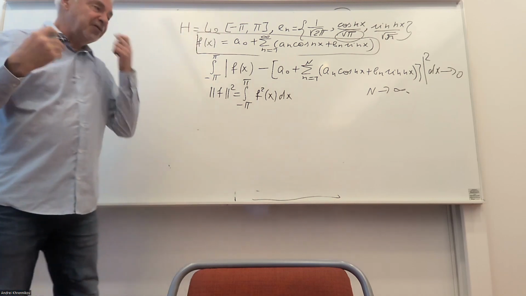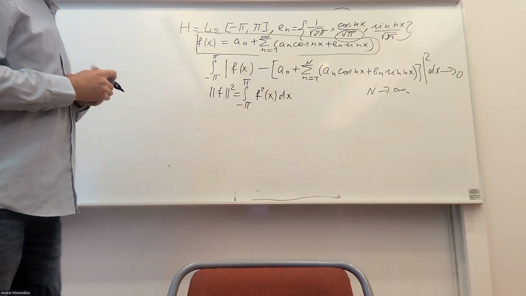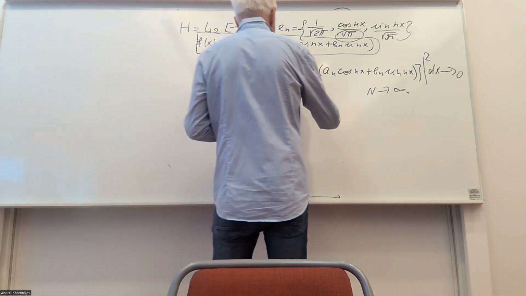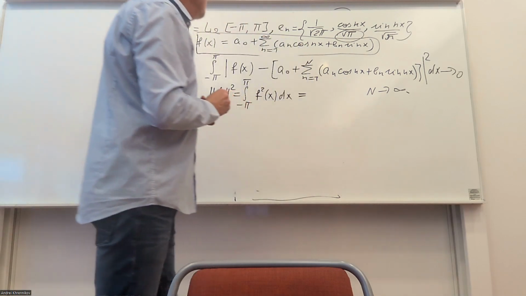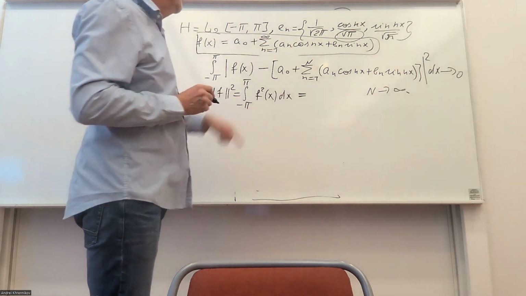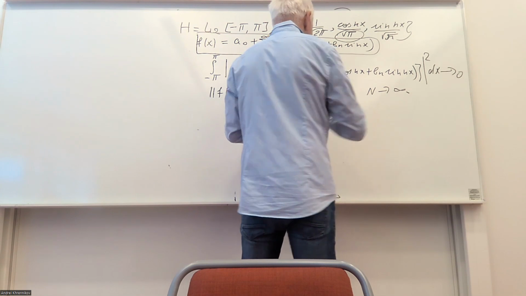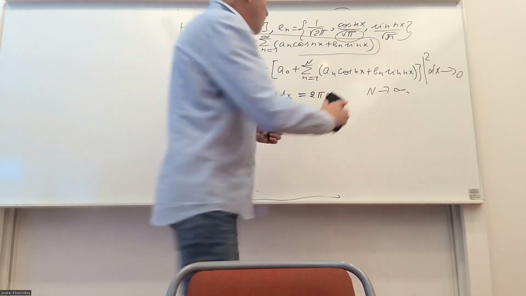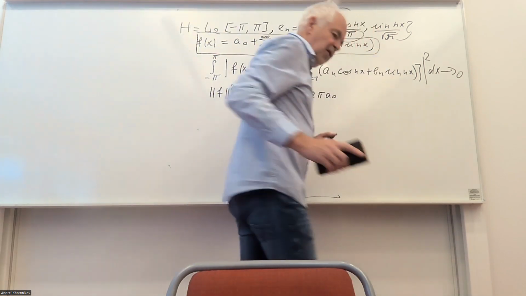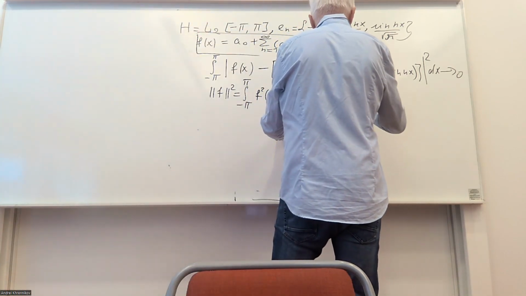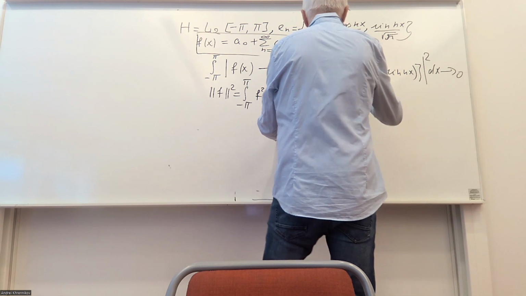Signals are always complex valued, so we should soon come to complex numbers, but it would be more or less the same. And this is equal. Now, if we integrate the other part squared, we get 2 pi a0, and here would be the sum for n from 1 to infinity.